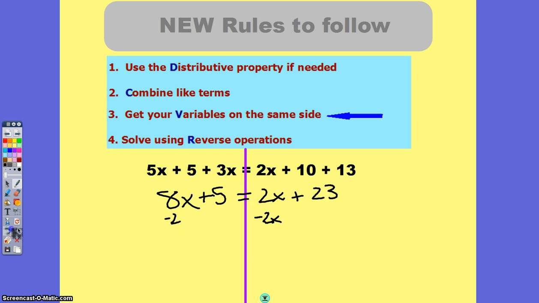Whereas if I take my bigger number and I move that, minus 8x, then I'm going to be taking a small number and minusing a big number, and I'm going to end up with a negative number to deal with. So if I want to do everything I can to avoid negatives, I'm going to move the smaller x value. So I would choose to move the 2x as opposed to the 8x.